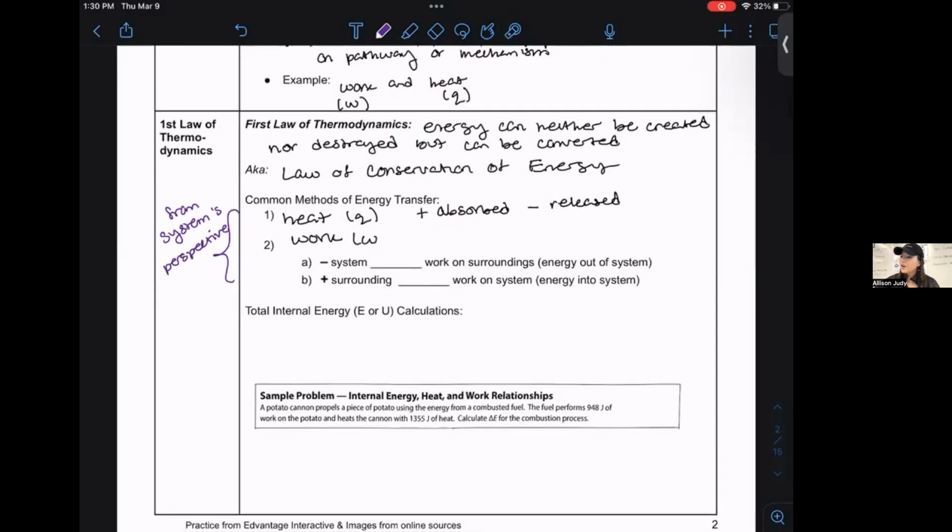For work, if I have a negative symbol, that means the system does work on the surroundings because energy is out of the system. And if I have a positive symbol for work, that means the surroundings do work on the system itself. So energy input.